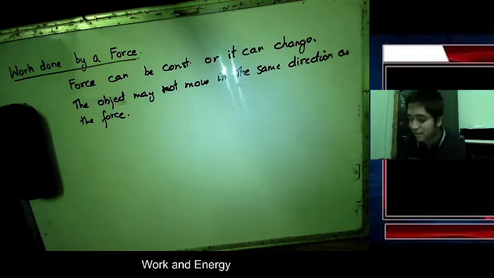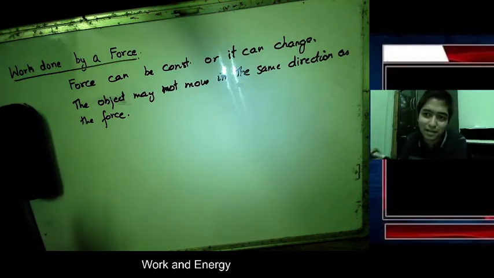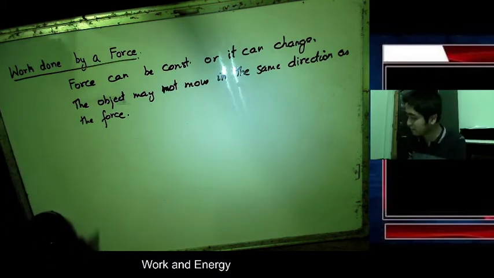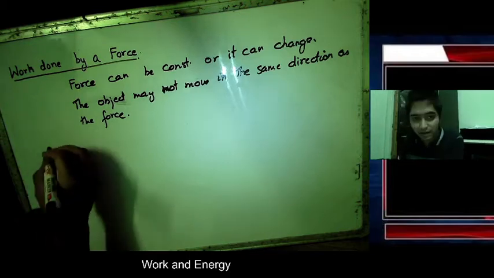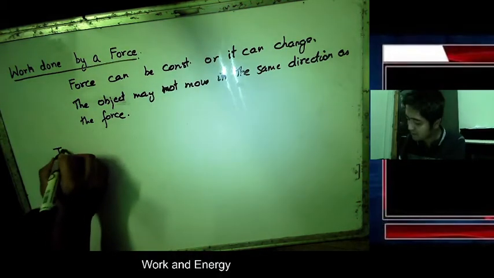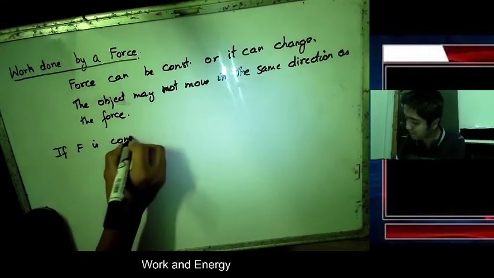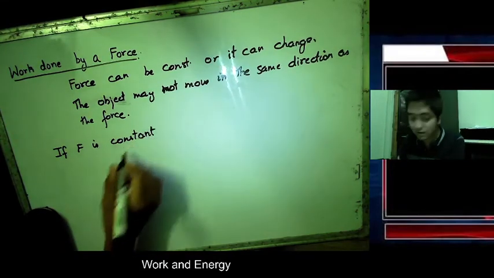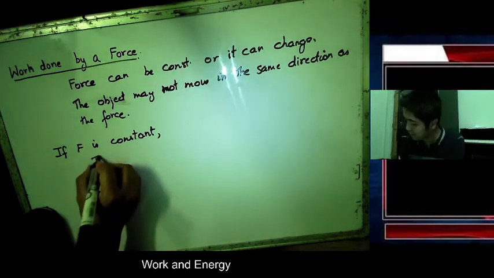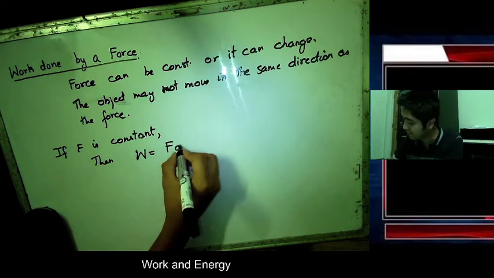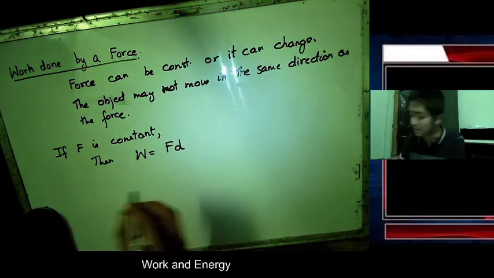So when calculating the work done, you also need to be a bit careful about the direction of the force. For example, if the force F is constant, then the work done is defined as Fd, where d is the distance.